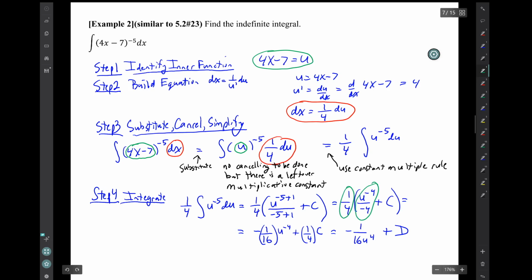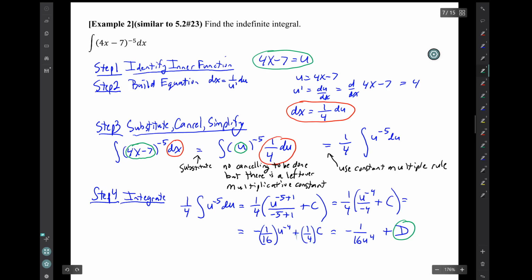So the u to the minus 4 stays out to the side, and I end up with 1/16 with a minus sign out front. And here's another one of those deals where I have a constant times my constant of integration. So since c can be any real number, 1/4 c can also be any real number. So I can just replace it with another letter which represents any real number.